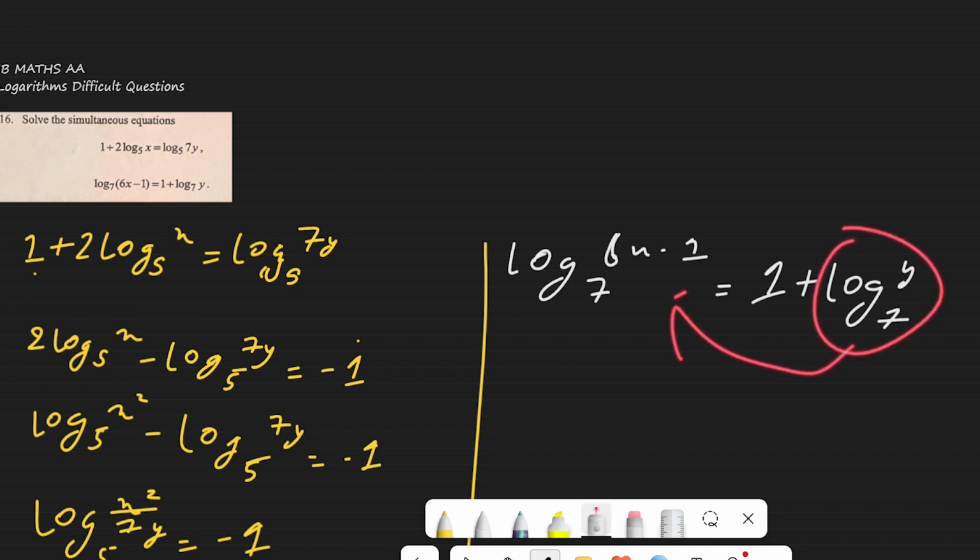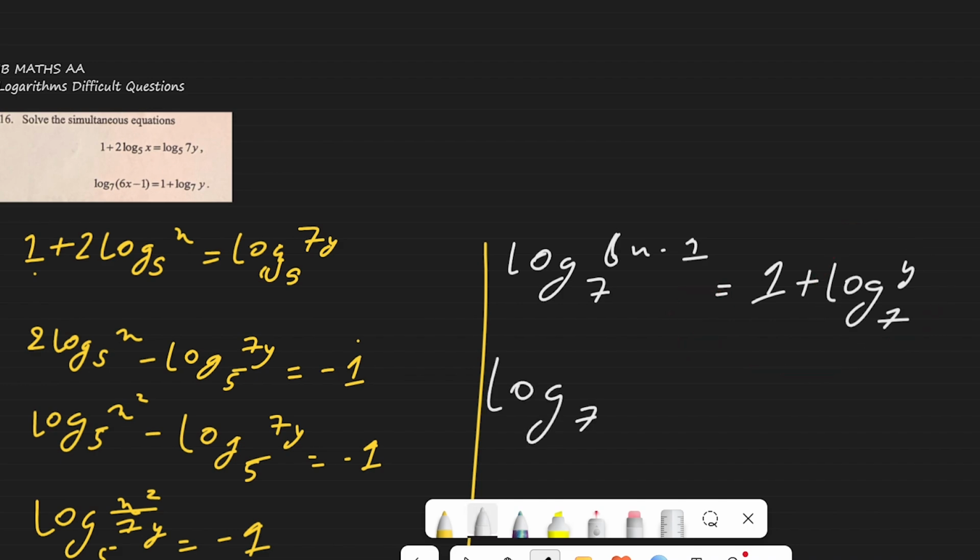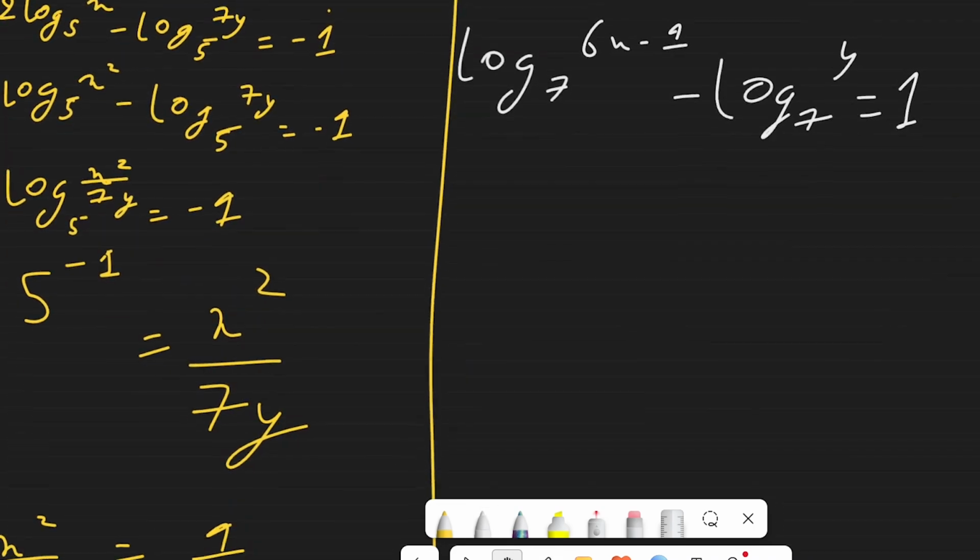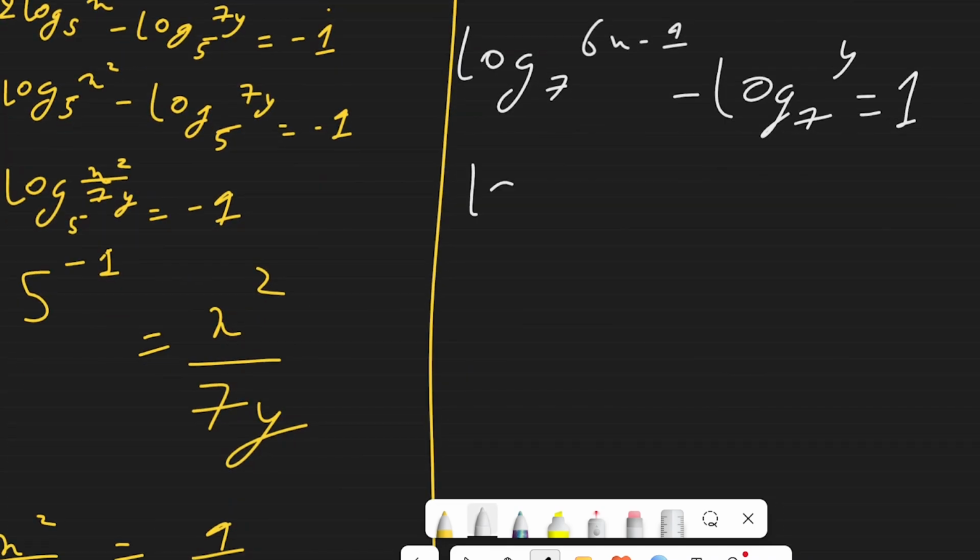So log of 6x minus 1 minus log of y to the base 7 is equal to 1. Because there is a minus sign between, the arguments will divide: log of 6x minus 1 over y is equal to 1.